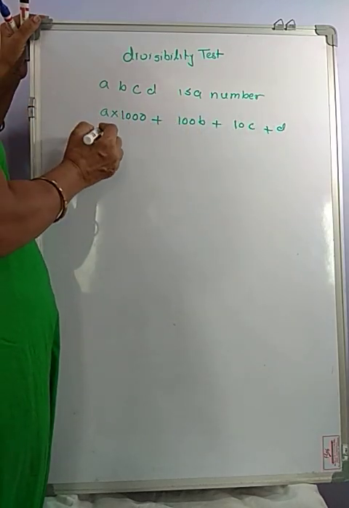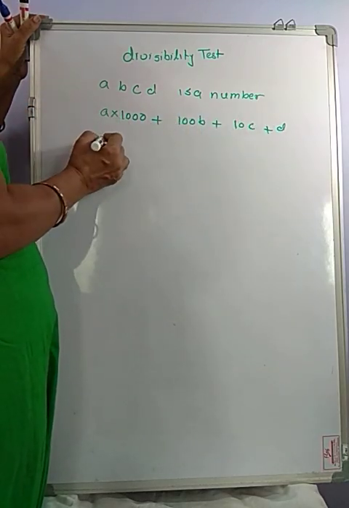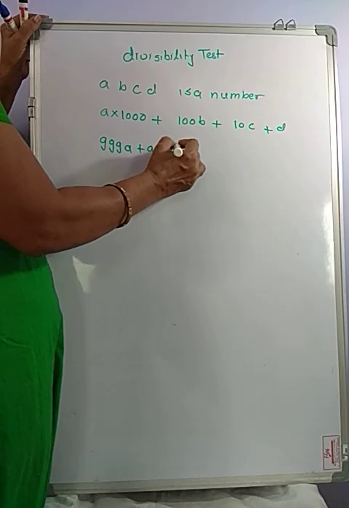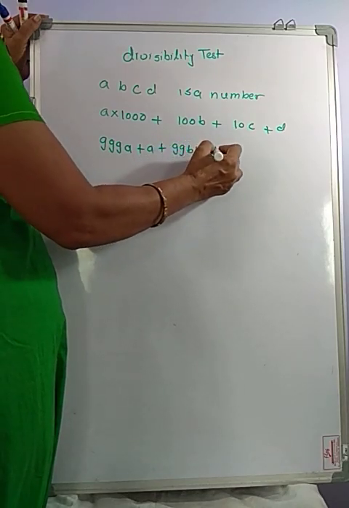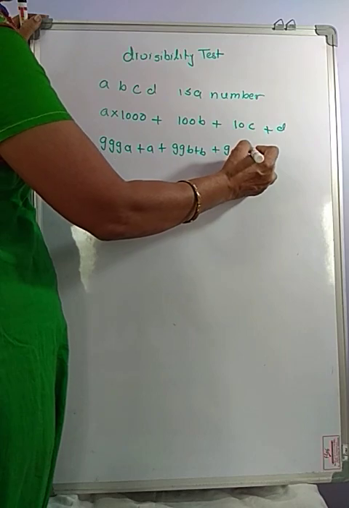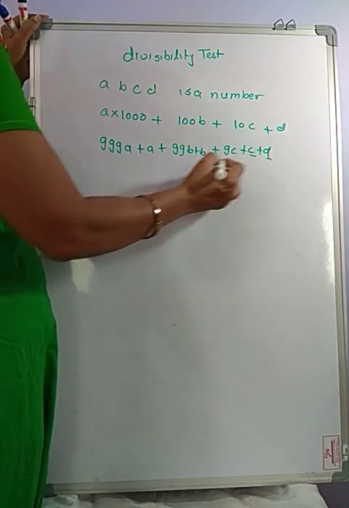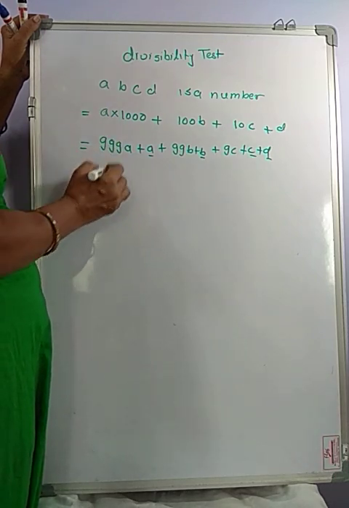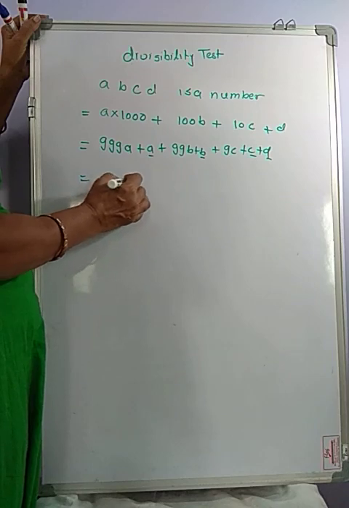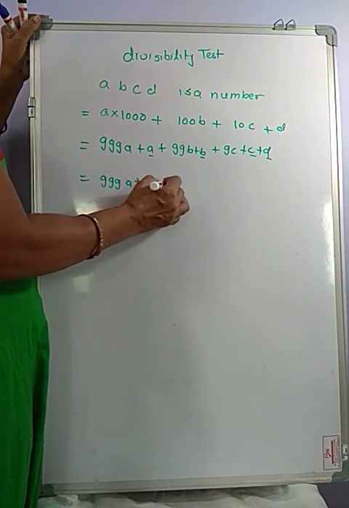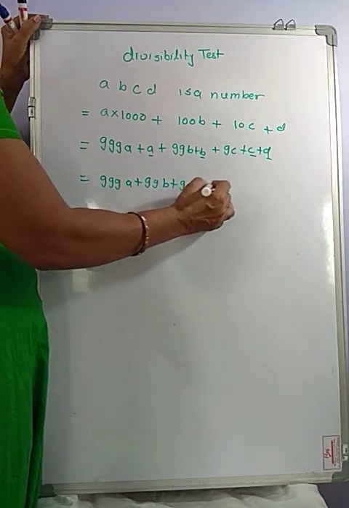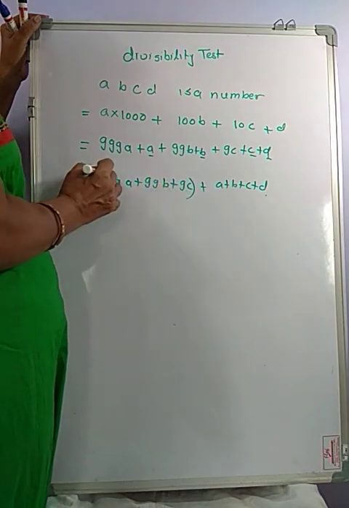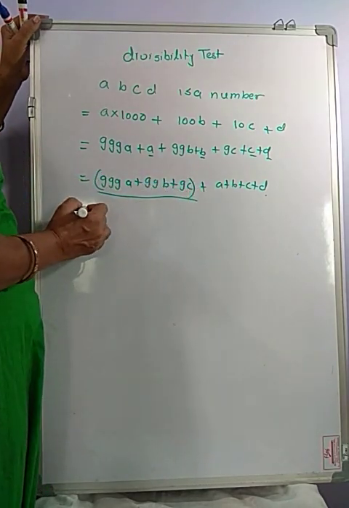This can be split in different ways. We are going to split it as 999A plus A, 99B plus B, 9C plus C, plus D. Now we collect all the single terms: 999A plus 99B plus 9C plus A plus B plus C plus D. Now we can take 3 common from these three terms.